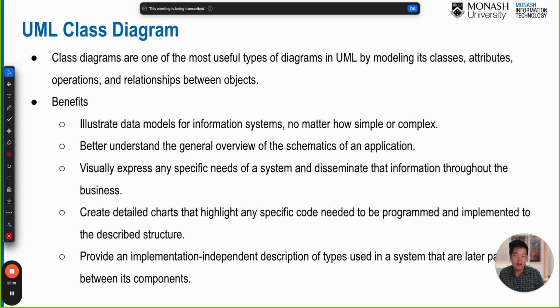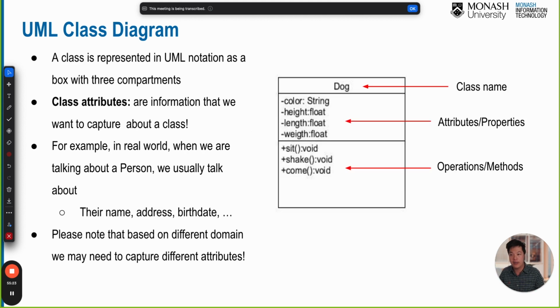All right, so the class diagram is actually one of the most useful types of diagrams in UML because we use it to describe the classes, what the data attributes are, and how they interact with each other. In the real world, we really need it, okay? And in terms of the notation, to draw the class diagram, one class is just a table like this, with 3 compartments.